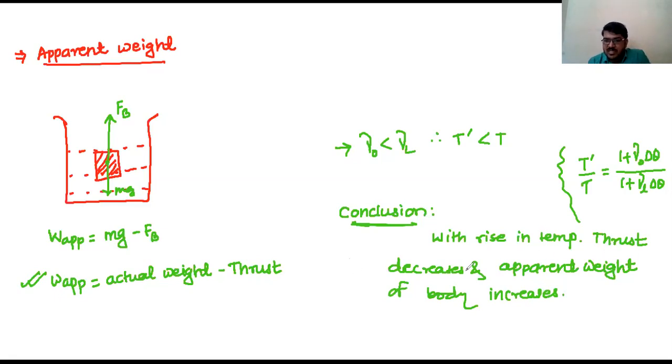Thrust is decreasing means this value is becoming less. When this value is becoming less, this W apparent will be more, and therefore with increase in temperature, thrust decreases and therefore apparent weight of body increases with increase in temperature. याद रखो. So therefore when temperature increased, apparent weight increases and thrust decreases. Understood?